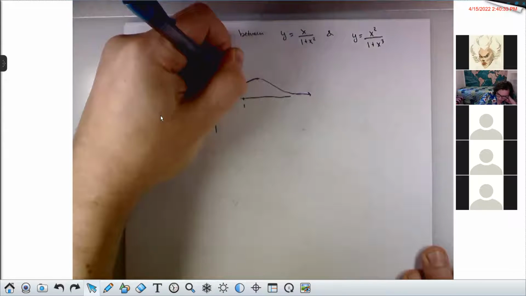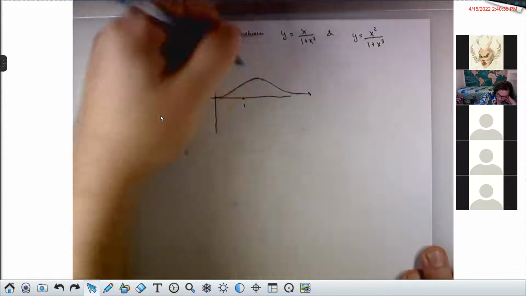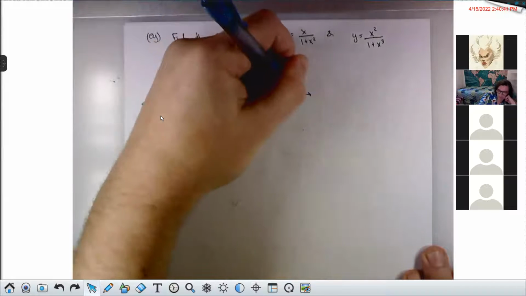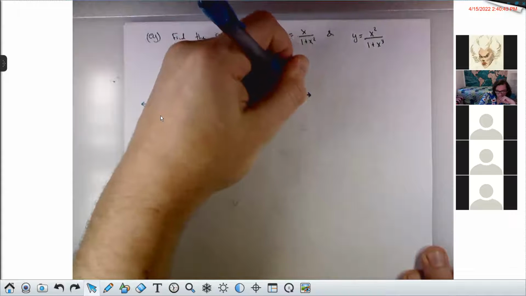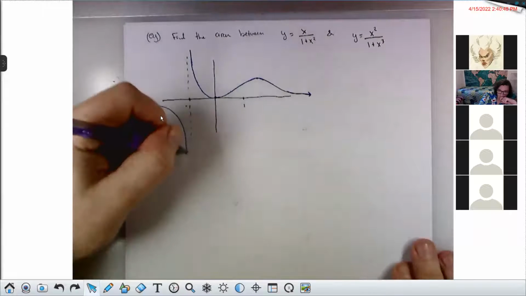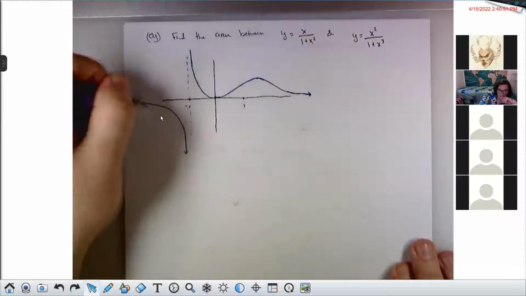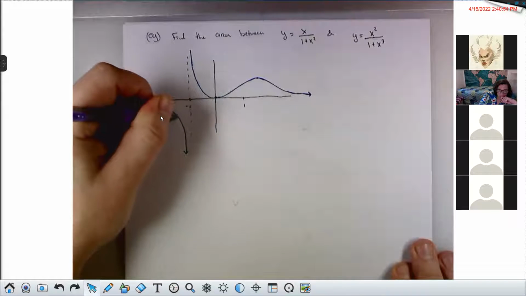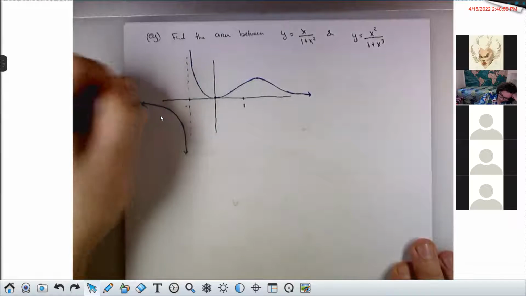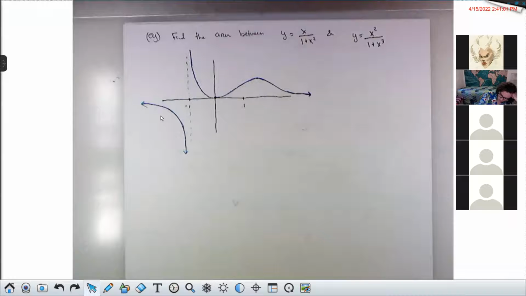Here I was all proud of drawing a nice pretty picture. Yeah, I'll run back over this in purple. No, not really. They don't blend, do they? Close enough. All right. So here is the weirder curve, y equals x squared over 1 plus x cubed.